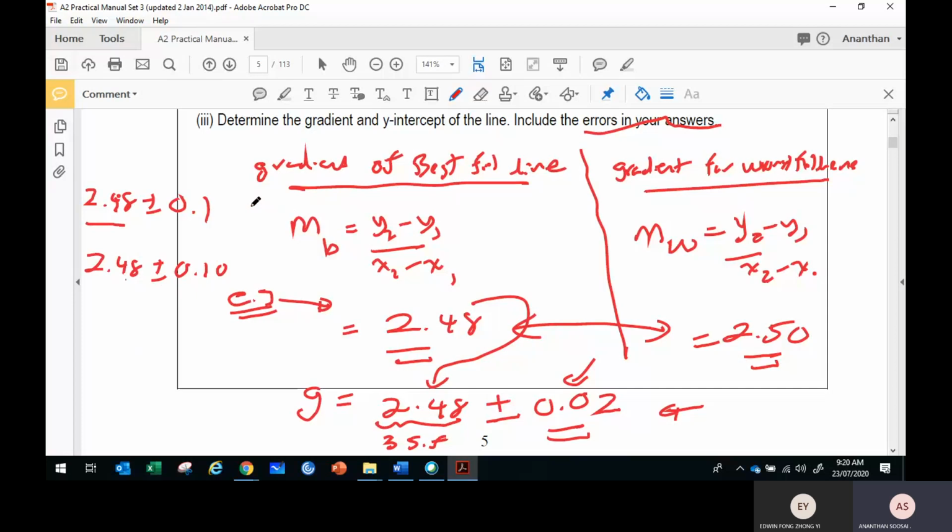And do the same thing for the y-intercept too. The y-intercept of the best fit line, the y-intercept of the worst fit line. The best fit line y-intercept is the answer. The difference between the best fit line and the worst fit line y-intercepts is the error. Final answer, the actual value is 3 significant figures always.